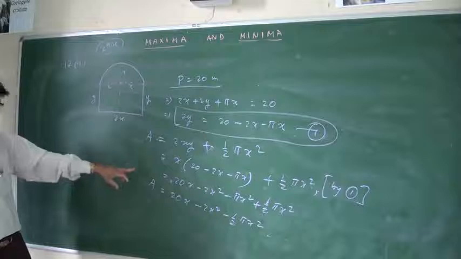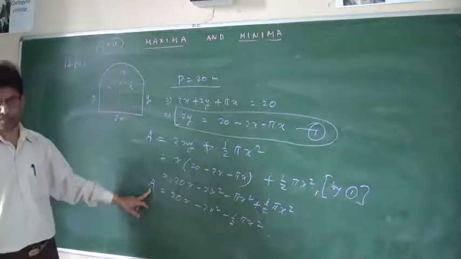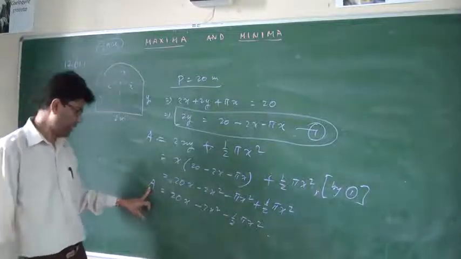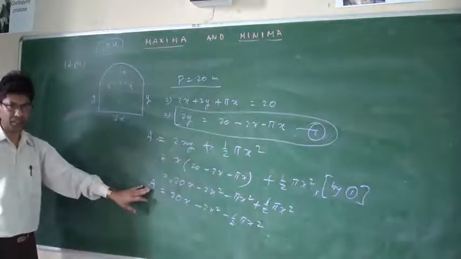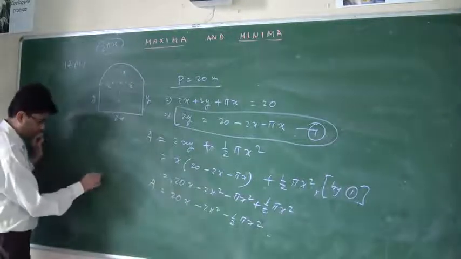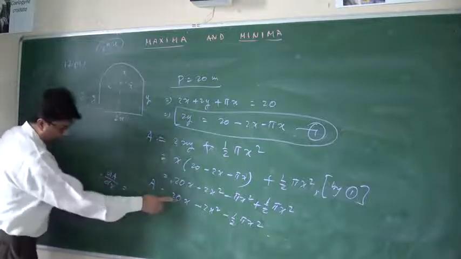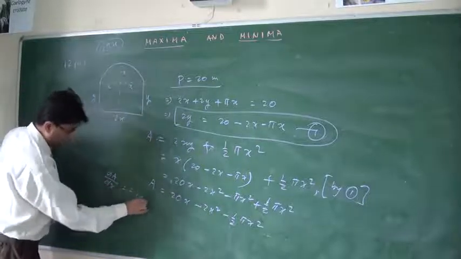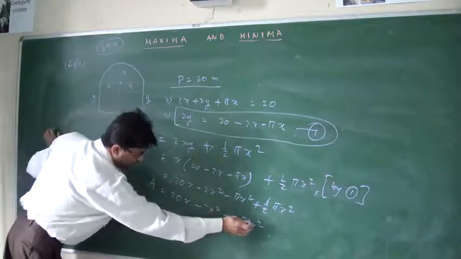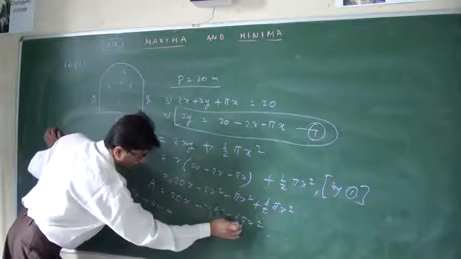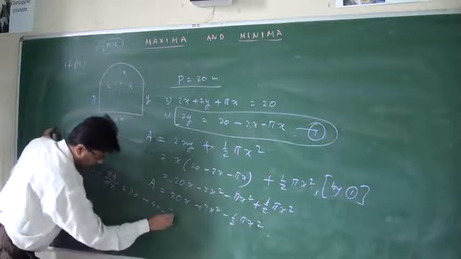You have to find out when this area function is maximum. A is a function of x, so we have to find the derivative of A with respect to x. Therefore dA by dx is equal to derivative of 20x is 20, minus derivative of 2x square is 4x, minus, 2 will come from 2 and half will cancel, we will get only pi x.